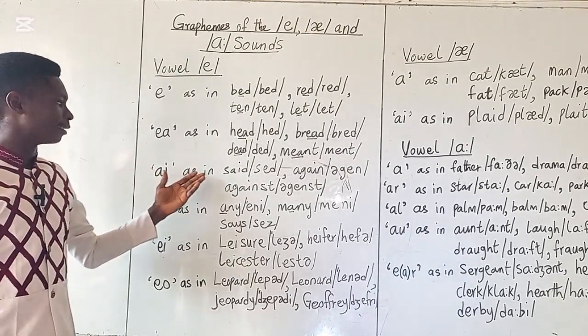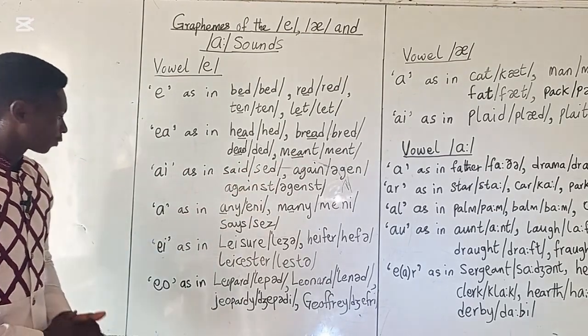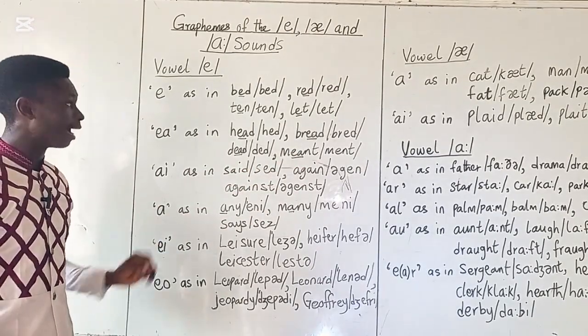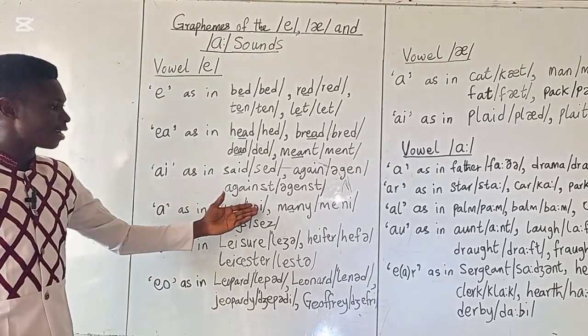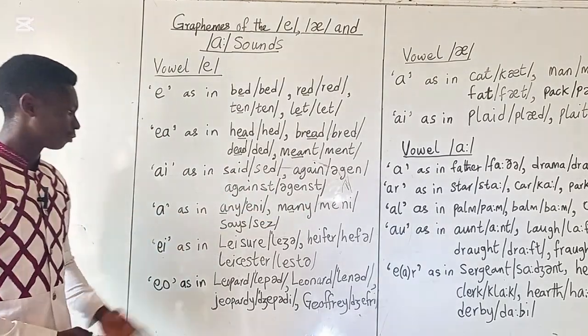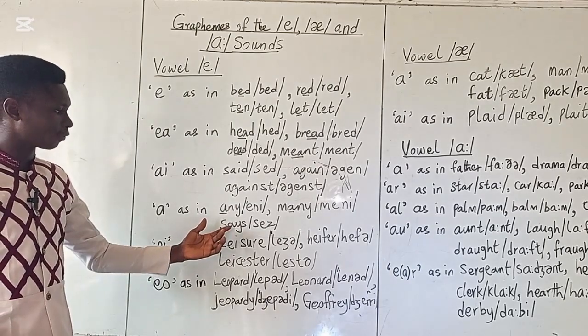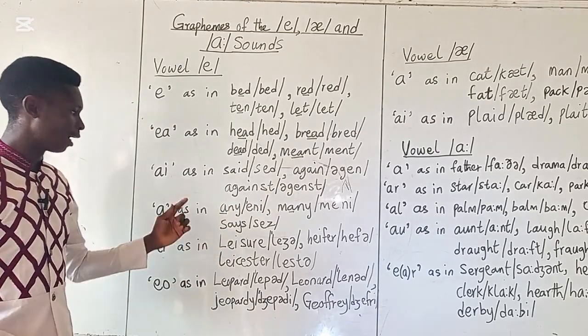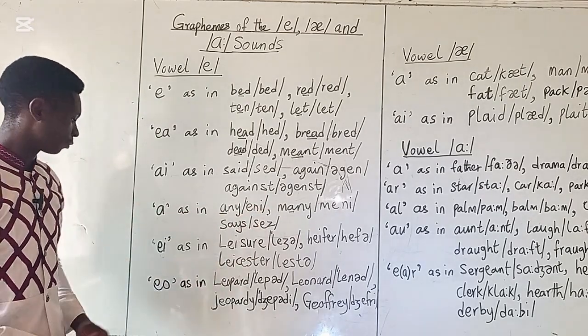So AI as in said, again, against. We also have letter A as the spelling of the A sound, as in any, many, says. So in place of letter A in these words, we have the A sound, any, many, says.